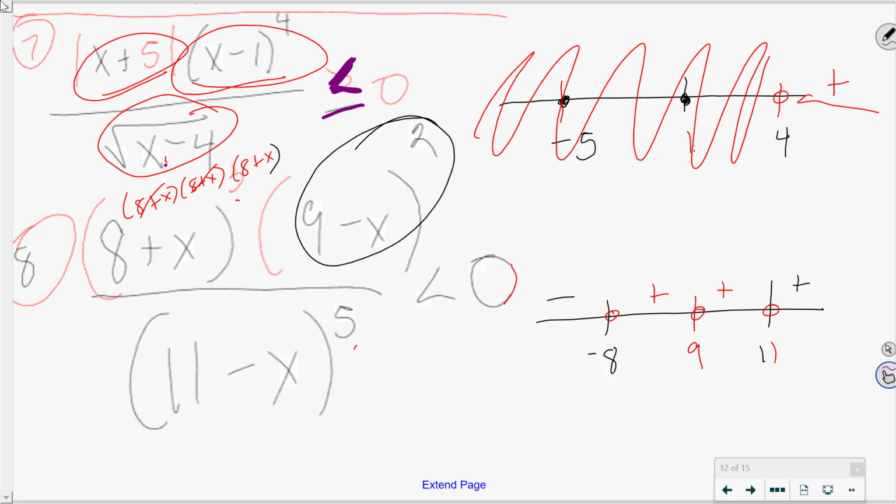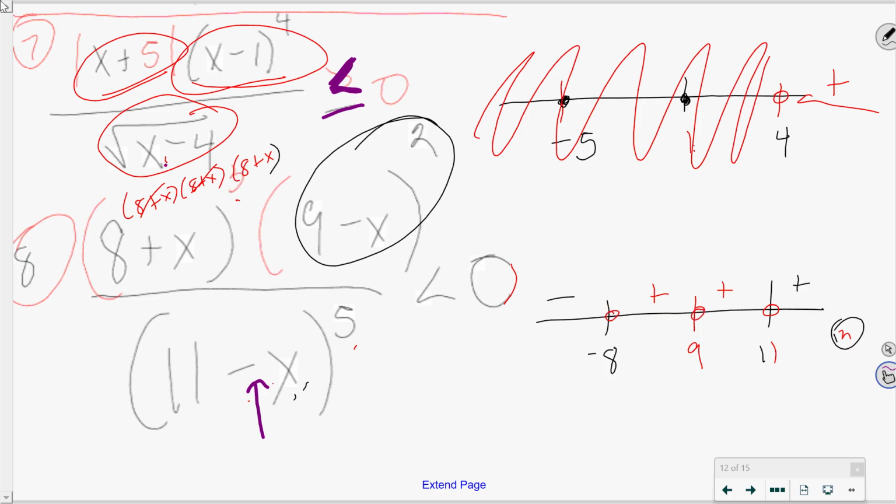Why am I going to say 11 minus x is different? 11 minus x. The x is negative. So think about it. If I took a number over here like 12, and I plugged 12 into there, 11 minus 12 is what? Negative. So when you have a negative coefficient, you can do one of 2 things.